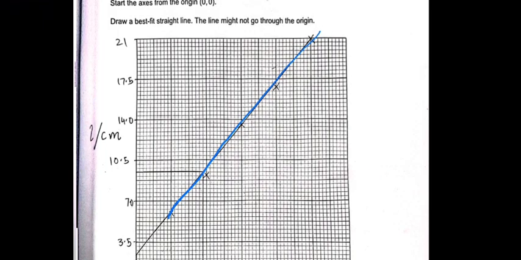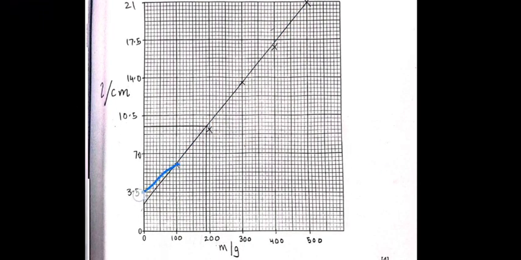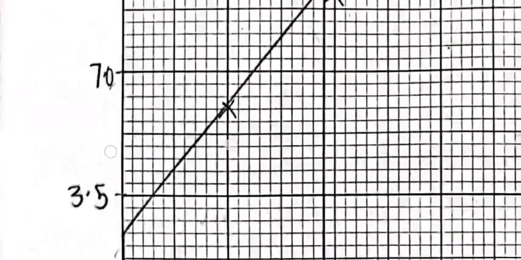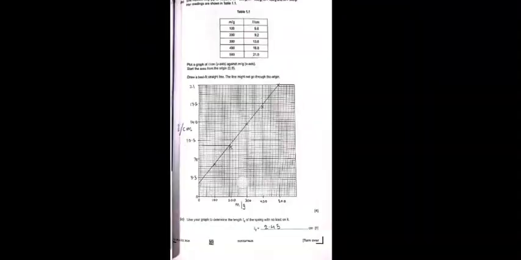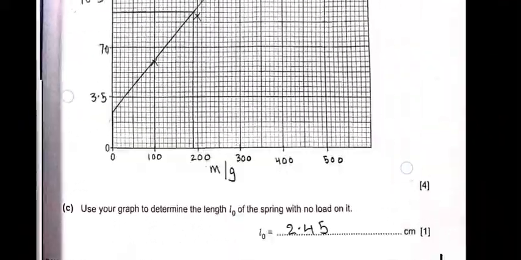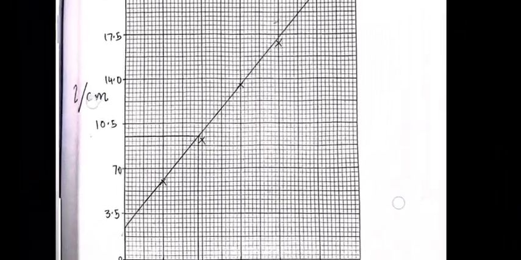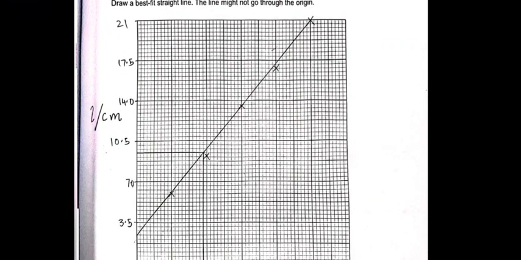To find when no load is there, you will extrapolate the line, that is, extend the line, and check where it meets the y-axis, where the load is 0. What we get over here is 2.45. The answer can vary based on the graph which you have drawn, based on your own graph.